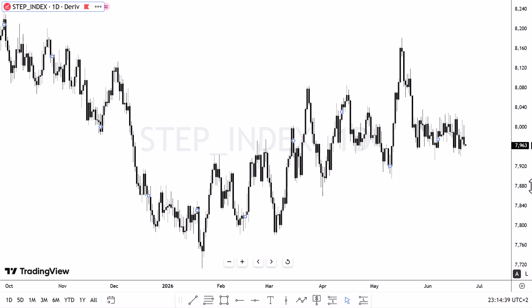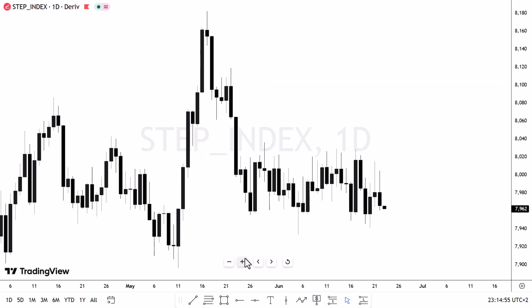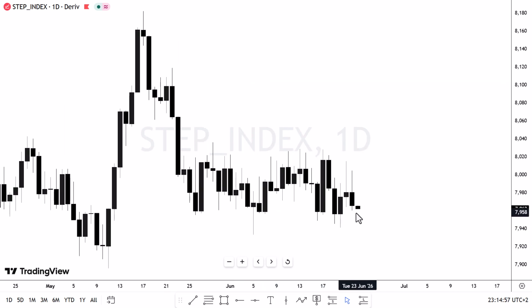Number 2 on the list, we've got the time zone. The time zone is an issue, I can tell you, because on my phone, on my MT5 platform, if I zoom in a little bit, you see this particular day here, it says that it is Tuesday, and I can tell you that it's not Tuesday, it's still Monday, but here on Deriv, it has opened a new trading day.